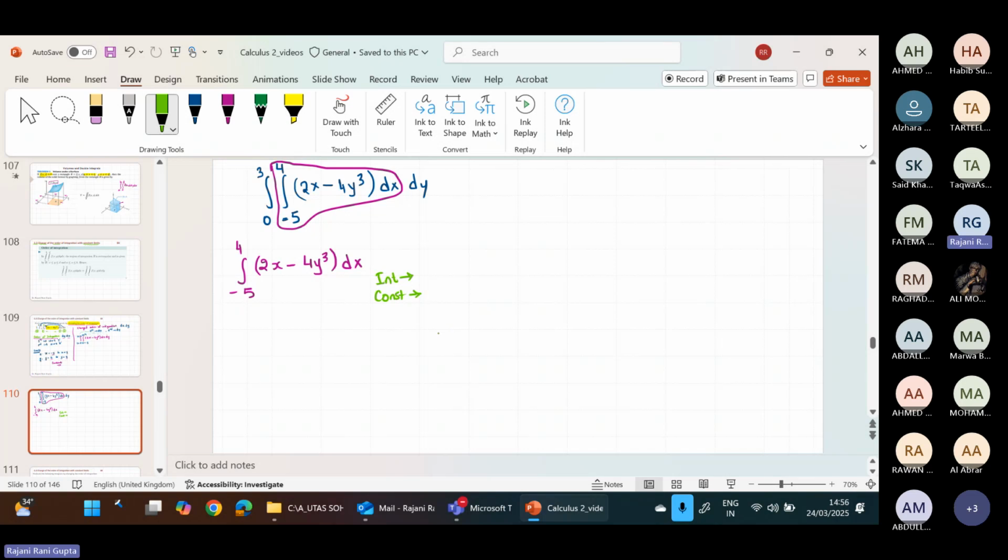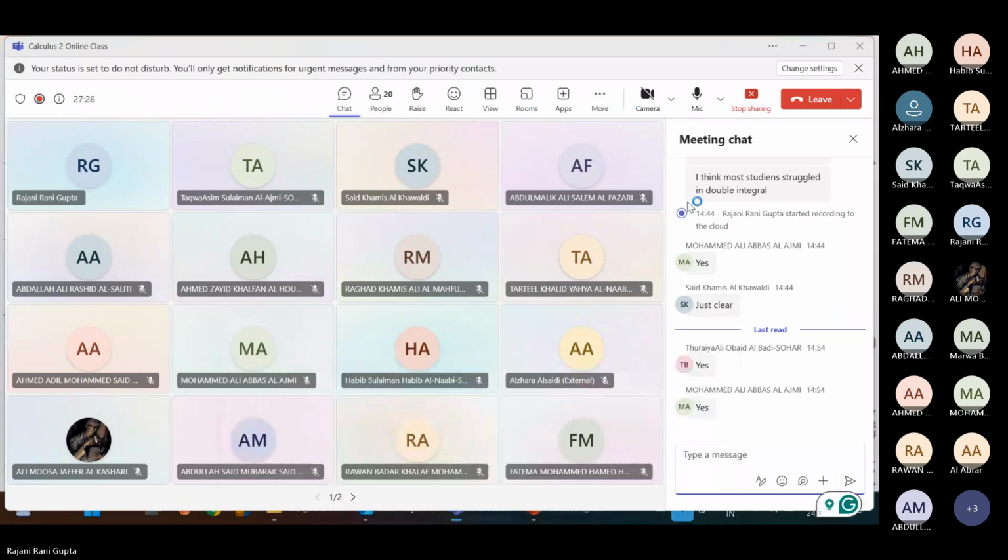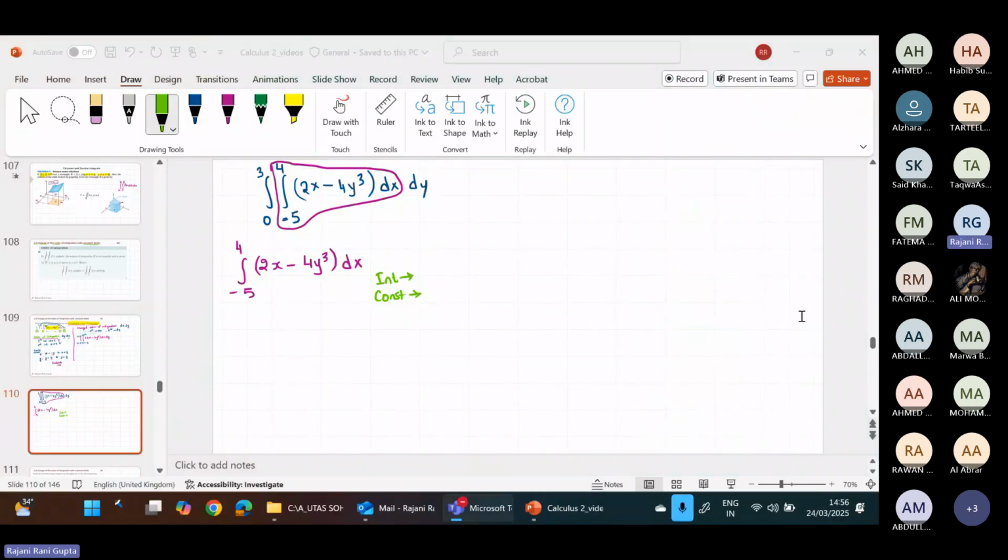You did this in the exam yesterday. You can unmute yourself and say the answer. Because of dx, you integrate with respect to x and the constant will be y. So here you see no x term.